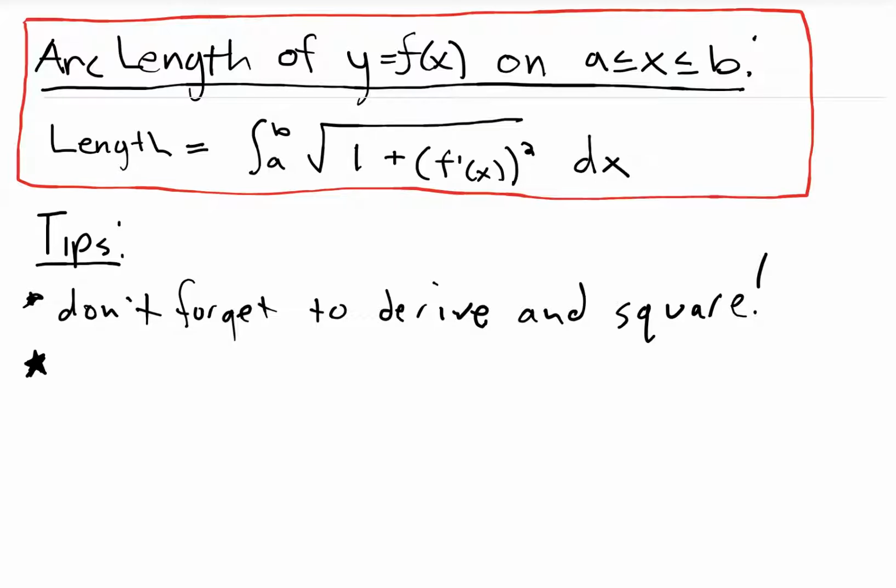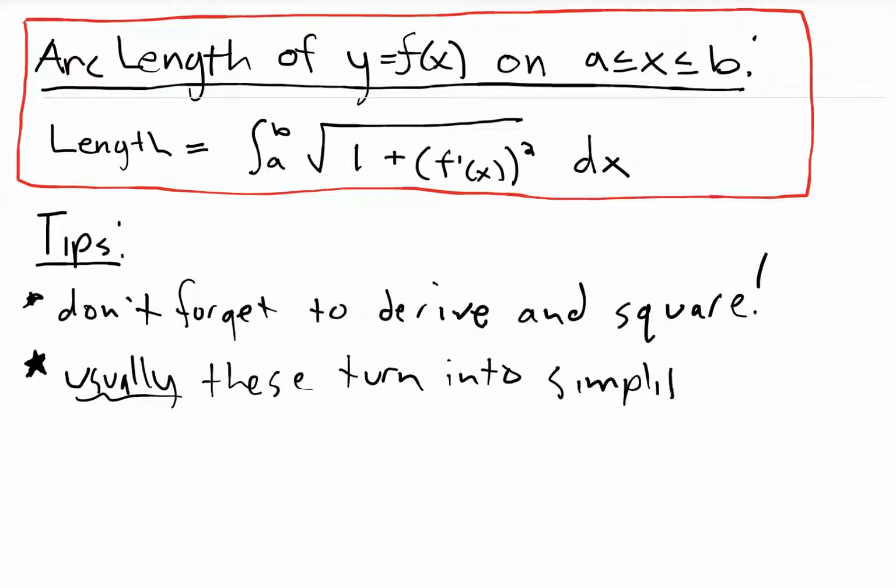Other tips that I should mention: usually what is going to happen with a lot of these is that they're going to turn into either one of two things, either simplify problems or U-sub problems, right? You'll notice I've got a derivative, I've got to square it, I've got to add stuff to it and take the root.